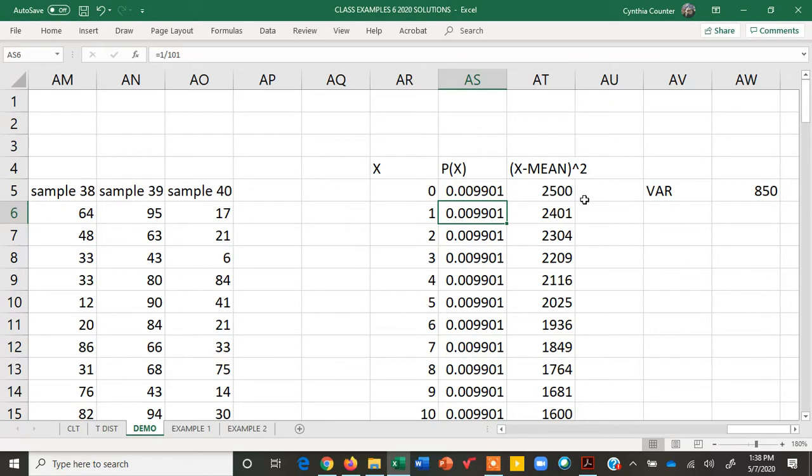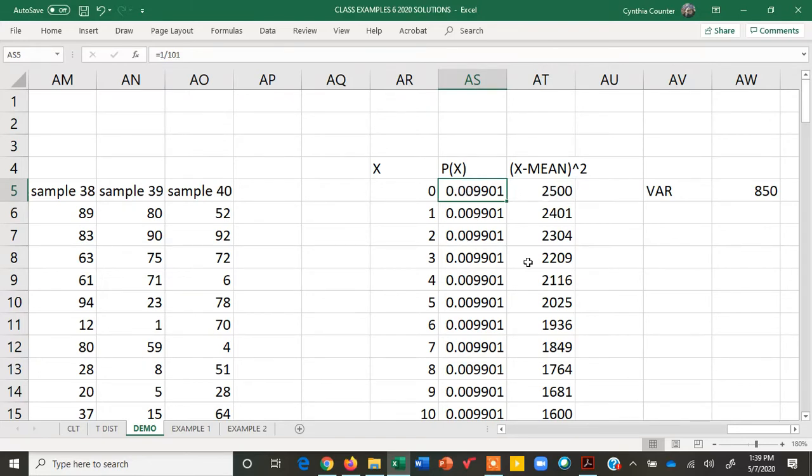Then I had to compute the variance. So the variance, recall, is a weighted average of the squared differences from the mean. So I took each value of the random variable, subtracted the mean, and squared it for each of the values of the random variable. And then when you sum all these squared differences, what you have to do is multiply each of these by its corresponding probability.